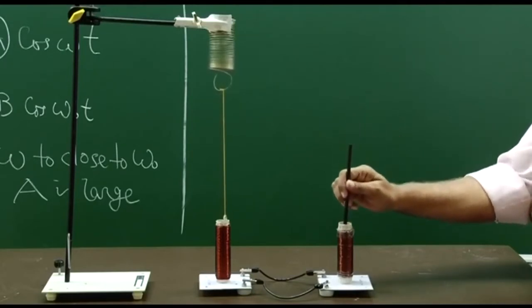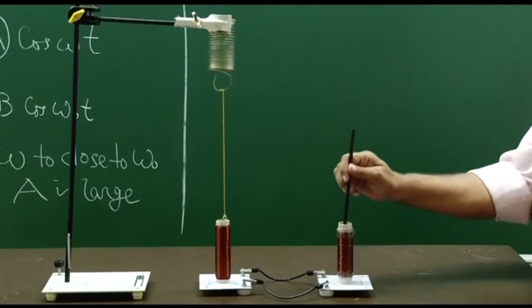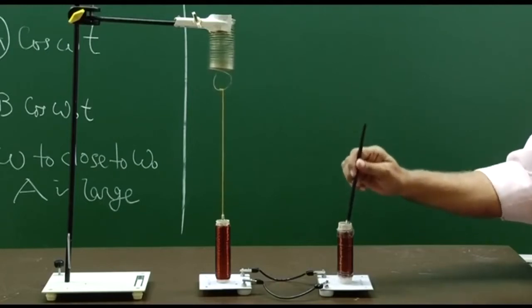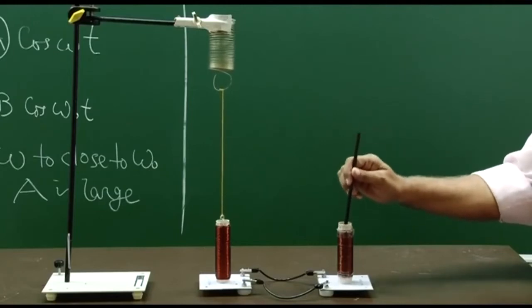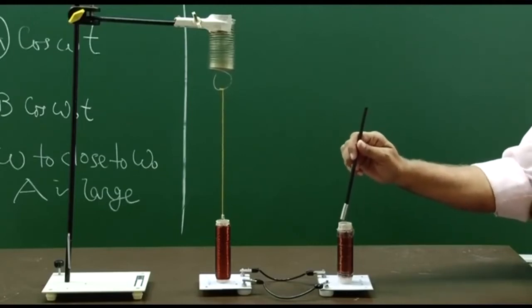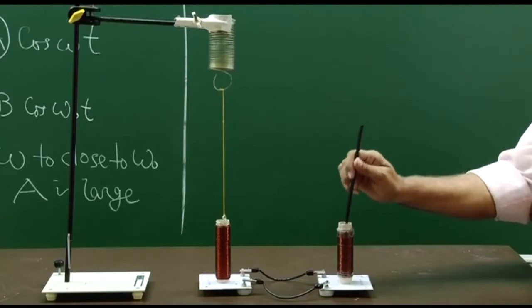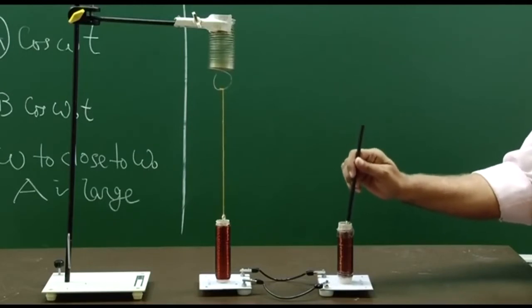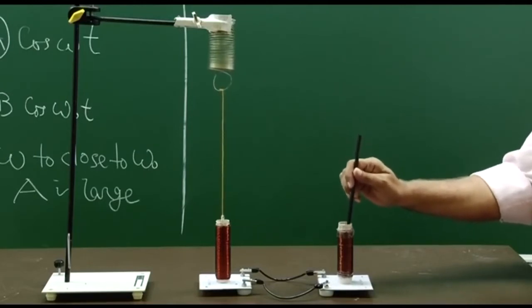It is a periodic force that I am applying, but the frequency is quite small. I go at a very large frequency, and you see it hardly oscillates, the magnet hardly oscillates.